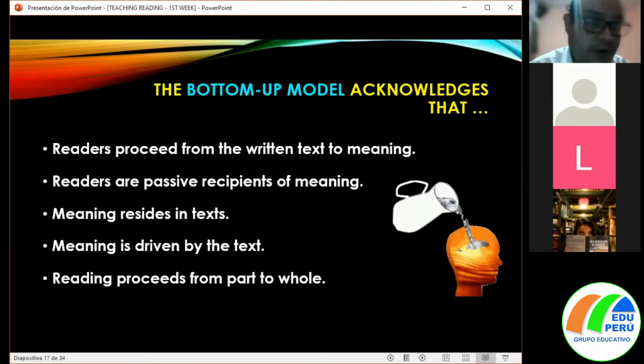And you read from parts to a whole, from something specific to a bigger part, to the whole meaning of the text. First, you need to understand the specific points, and then you're going to get to the general message of the text, the general meaning of the text. All right?